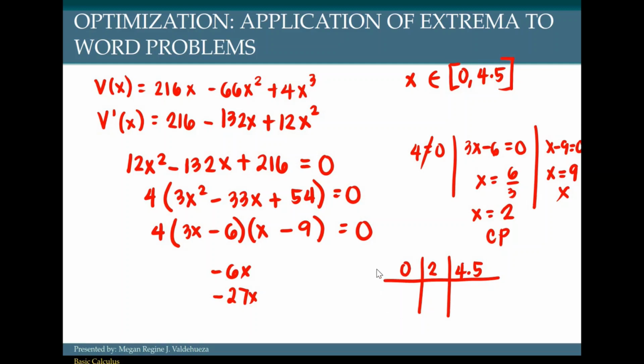So we have the x and the y, or this is our V of x. So we substitute the value of x to our function here. Not on the derivative, huh?